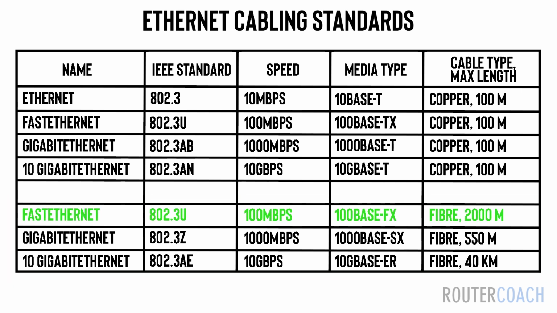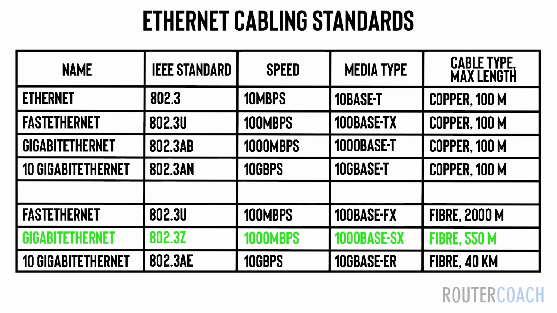100BASE-FX is an optical fiber Ethernet standard that provides a maximum data transfer rate of 100 megabits per second, Mbps. It uses two optical fibers for transmitting and receiving data and supports cable lengths of up to 2 kilometers. 1000BASE-SX is a fiber optic Ethernet standard that provides a maximum data transfer rate of 1 gigabit per second, Gbps.